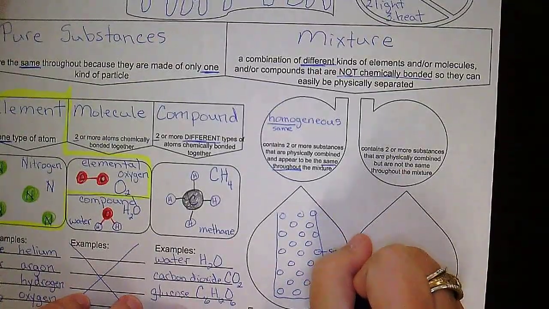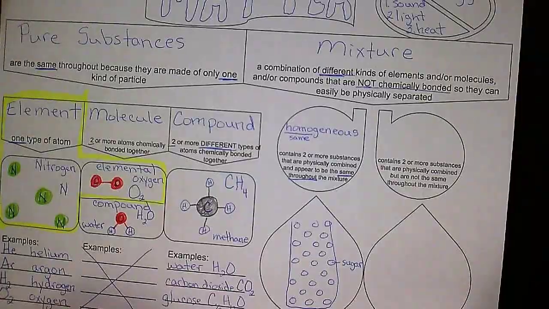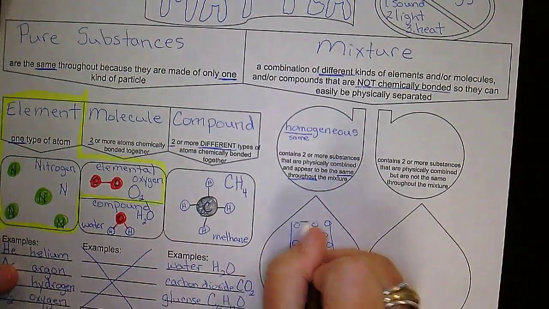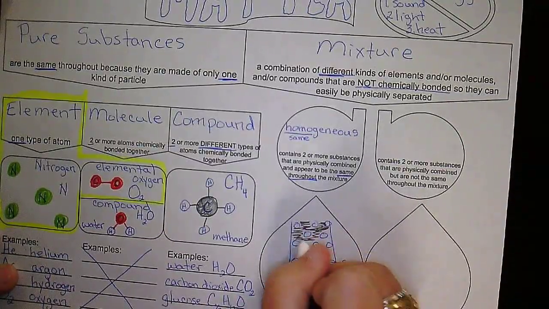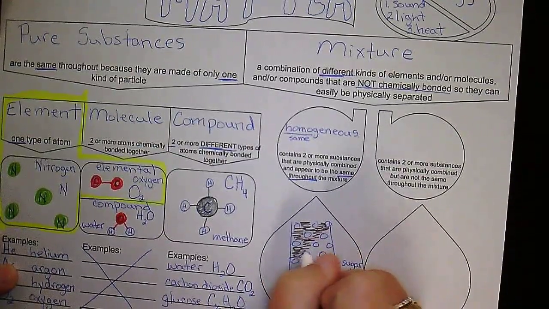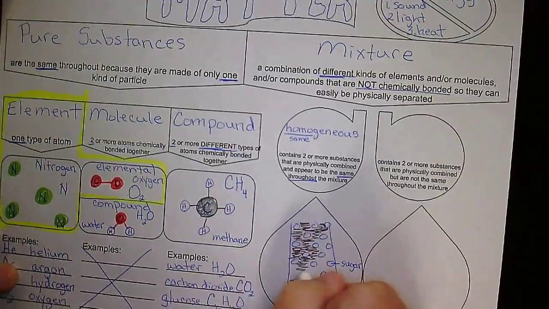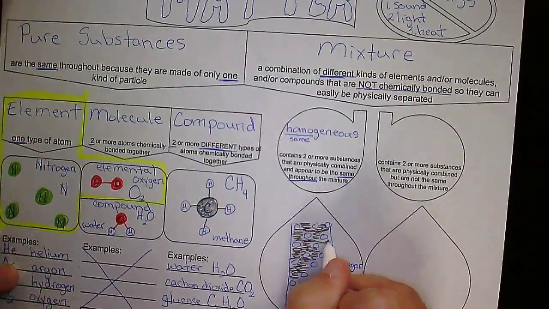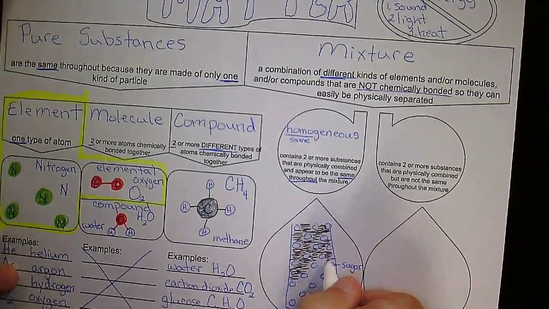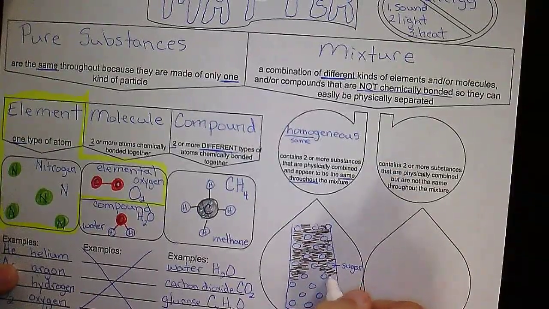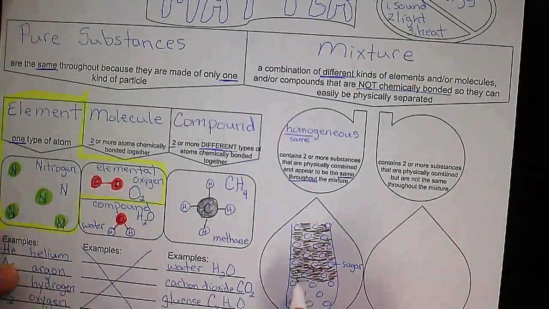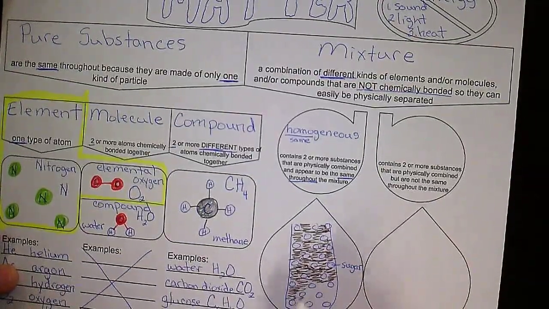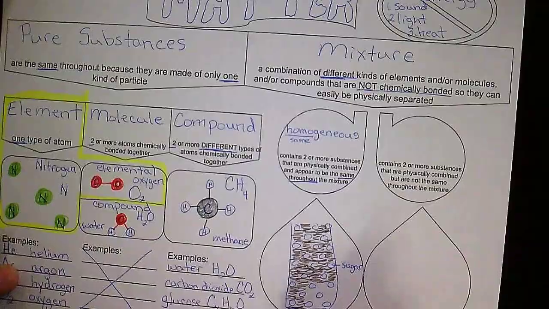So each of these little circles represents sugar, and in between them, we're going to have a wonderful brown liquid that is tea. All right, so sweet tea tastes the same at the top of the glass as it does at the bottom of the glass, and when you look through the side, it looks the same throughout. And because they have dissolved, which is physical change, the sugar into the tea, you end up having what we call a homogeneous mixture.